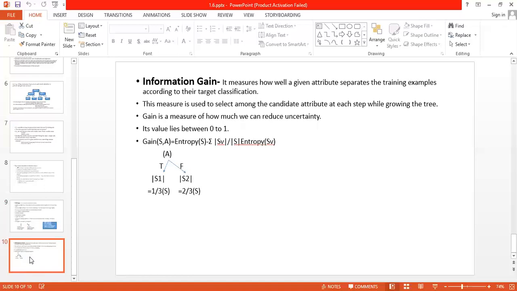Gain is a measure of how much we can reduce uncertainty. Its value lies between 0 and 1. Now the gain is calculated by the entropy of S, which we have calculated some time before, minus the summation over the samples of the sample fraction multiplied by the entropy of each sample.